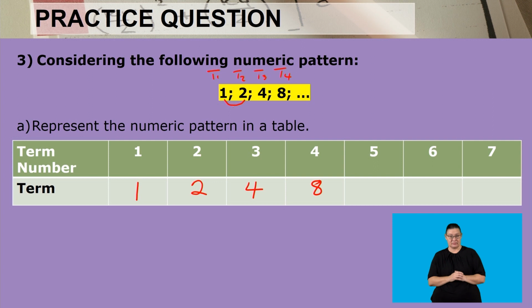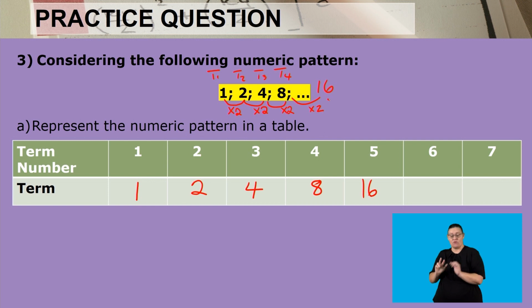So we can see that from term 1 to term 2, yes, we are multiplying by 2. From term 2 to term 3, we are multiplying by 2. This means this is the constant ratio because even from term 3 to term 4, we are multiplying by 2. Now, let's multiply by 2 so that we can get to the fifth term. So from 8, if we multiply by 2, we get an answer of 16.